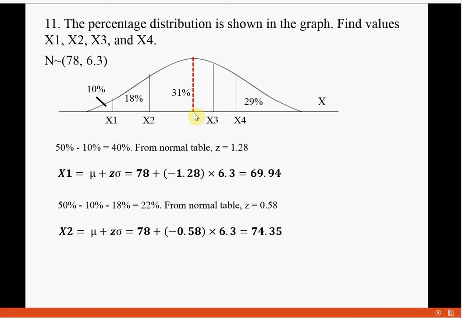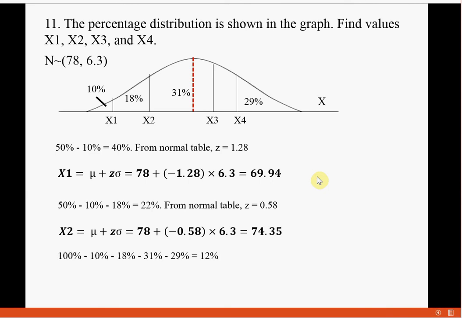Make sense? What is the size of this slice? It's not given to us, but you can calculate that. 29% here, 31% here, 18% here, 10% here, but the whole thing is 100%. So this slice can be easily calculated.